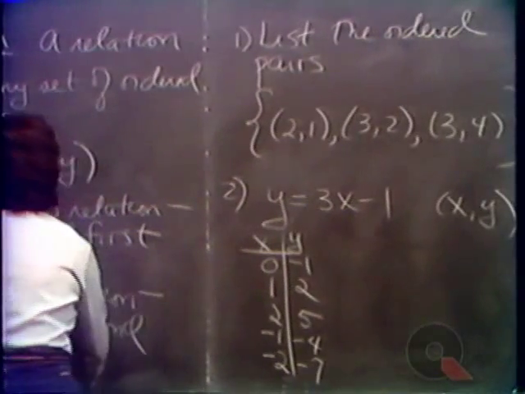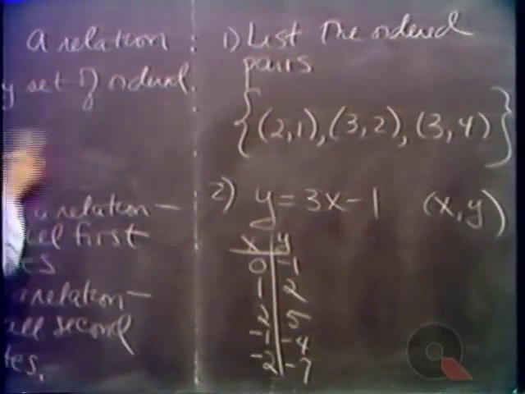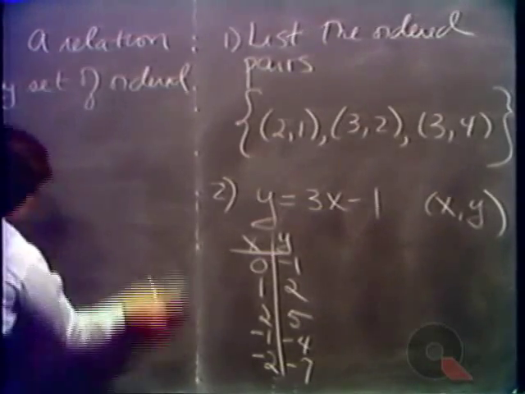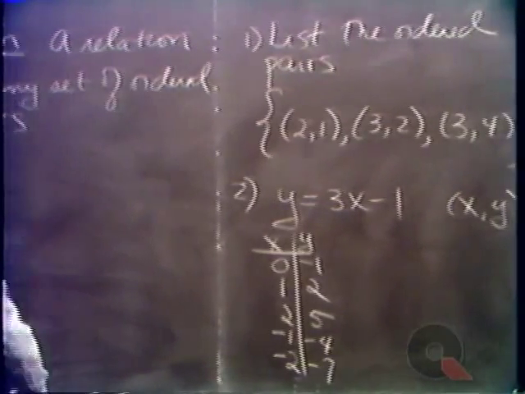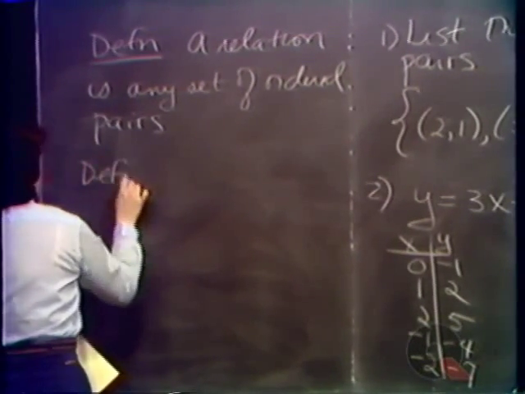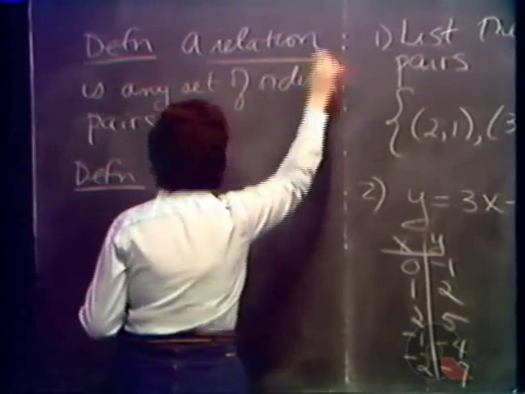Let me write down the definition of function for you. Don't worry if you don't understand it yet. You will in a few moments. Here we have the definition of a relation.